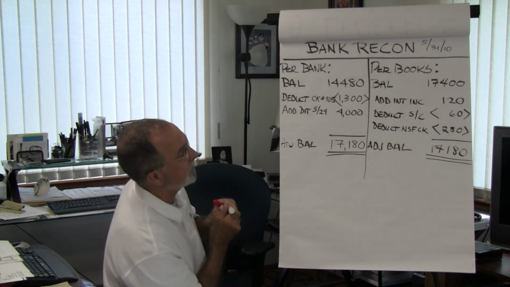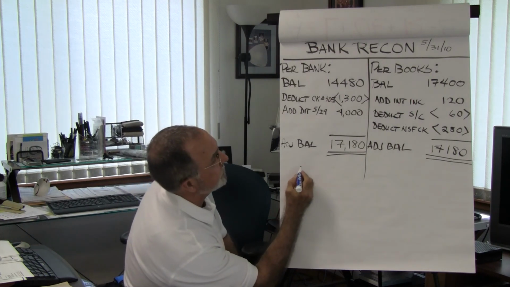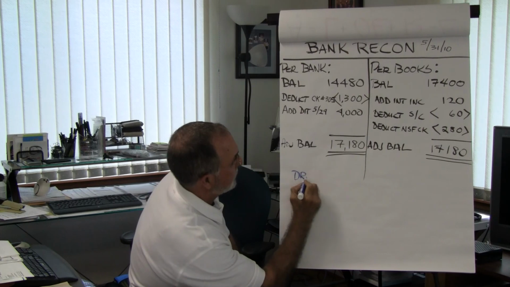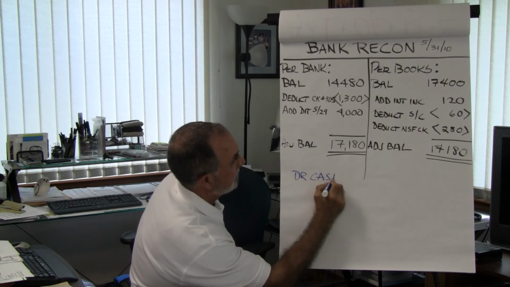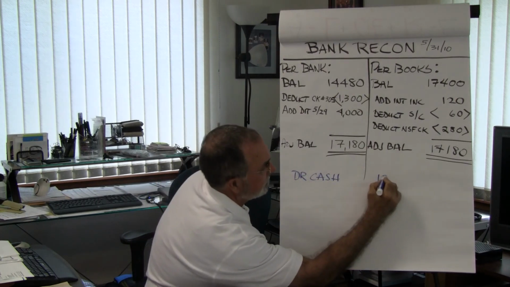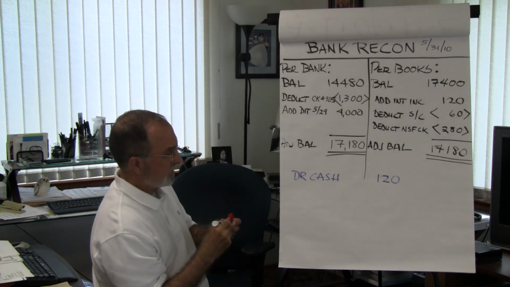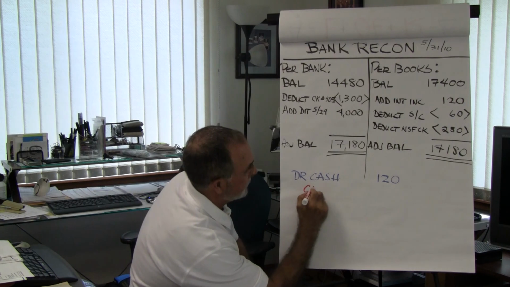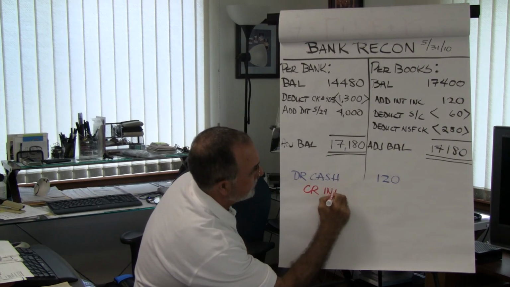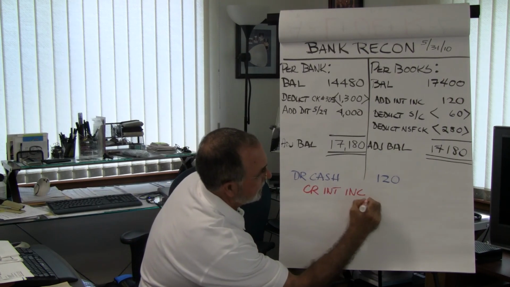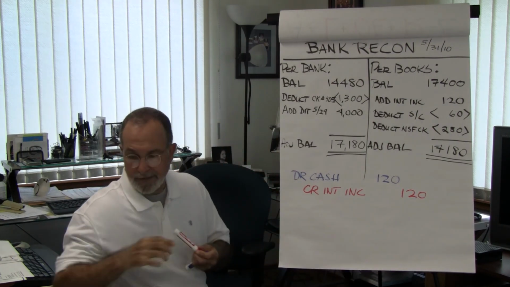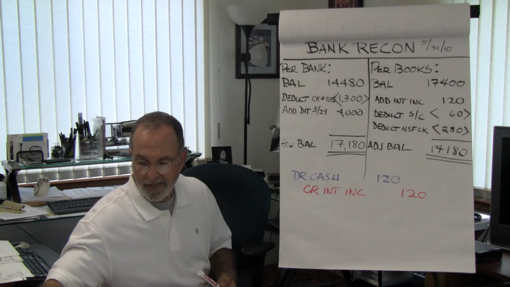And so we do one at a time. Our first adjustment is to add to cash. So we will debit cash in the amount of $120, and that item is for interest income. So our credit is to interest income, a revenue account, and that carries a credit balance.